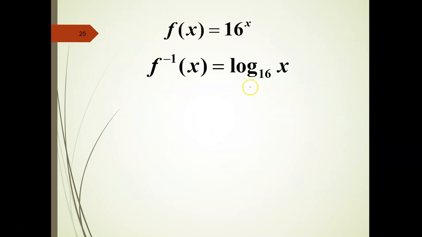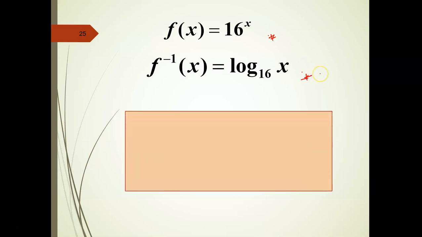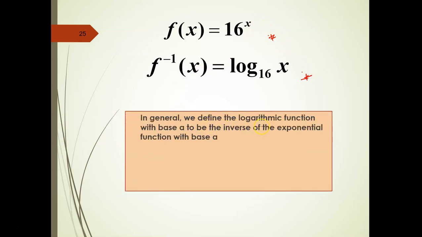Okay, let's sketch. So this is your exponential function, and this is your logarithm function. In general, we define the logarithm function with base a to be the inverse of the exponential function with base a. You can look at here what is their relationship.